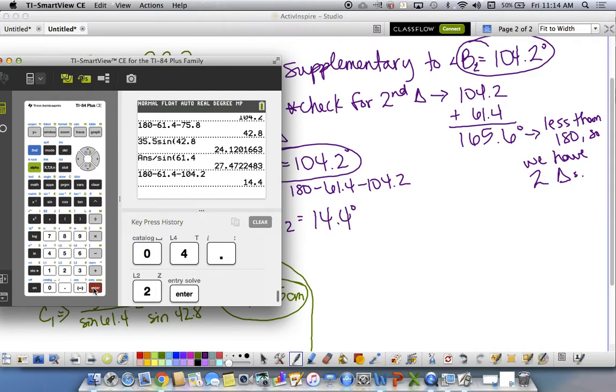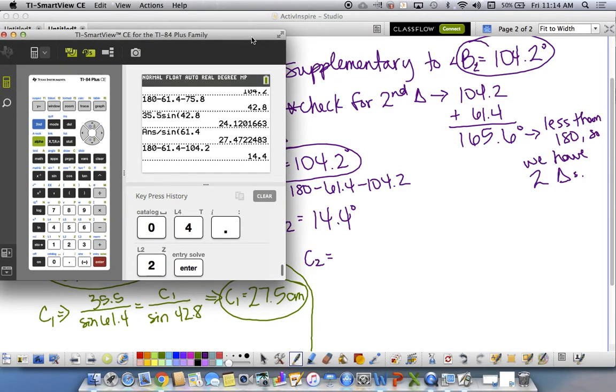That is my C2, my angle C. And then for little c2, we're going to use the exact same law of sines that we did with the other. So we're going to have 35.5, which is side A, over sine of angle A, which those are not changing. They were given to you and cannot change. Over c2 divided by sine of the angle we just found, which is 14.4.